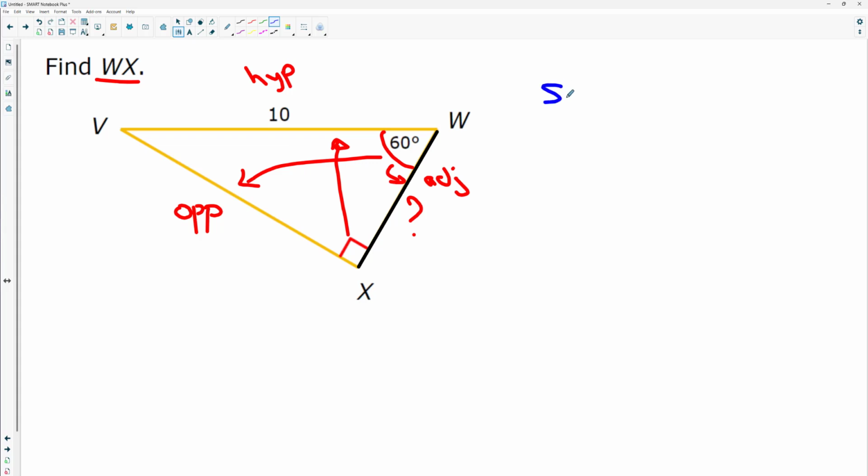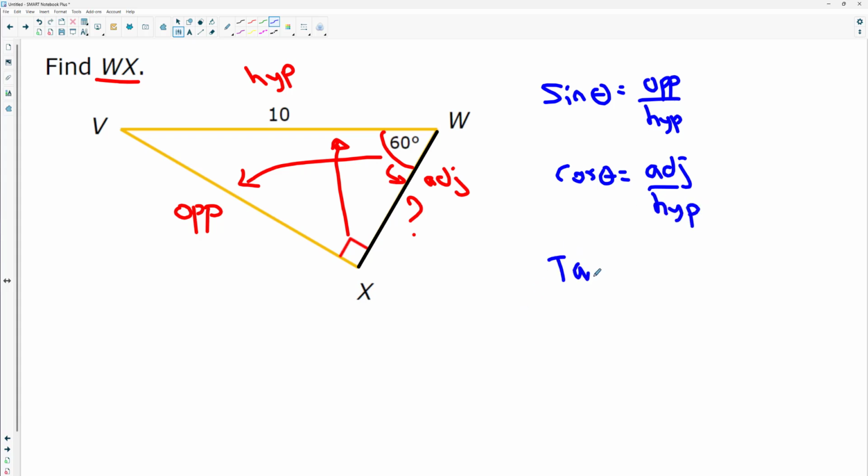Now, we know that sine of the angle is equal to opposite over hypotenuse. Cos of the angle is equal to adjacent over hypotenuse. And tan of an angle is equal to opposite over adjacent.